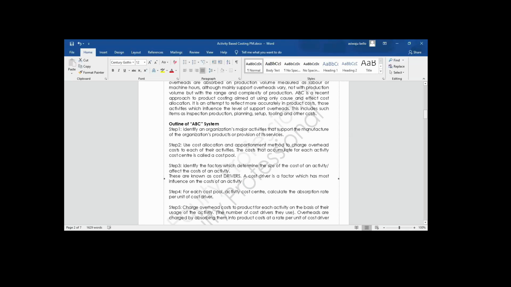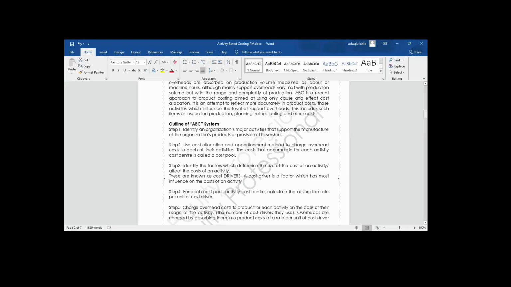You use cost allocation and apportionment methods to charge overhead to each of these activities. Let's summarize that. It simply means determine the overhead cost of each activity.